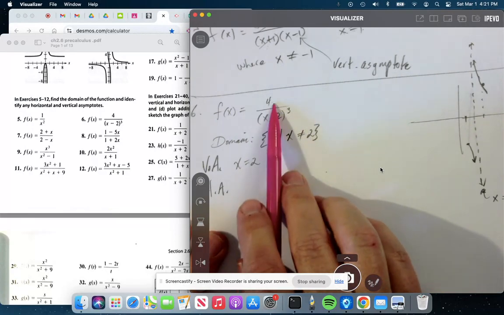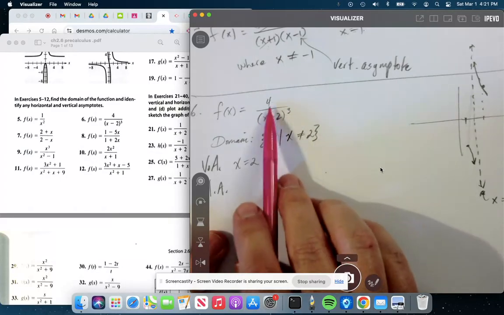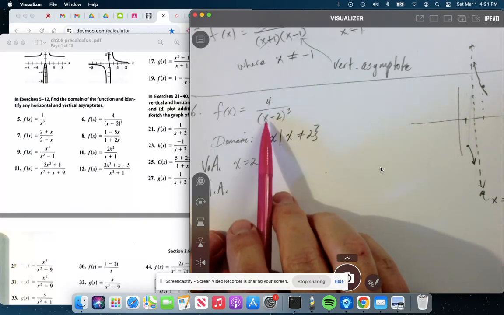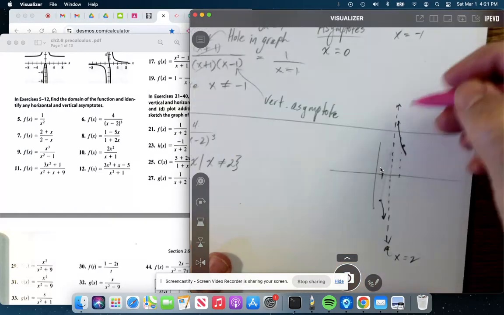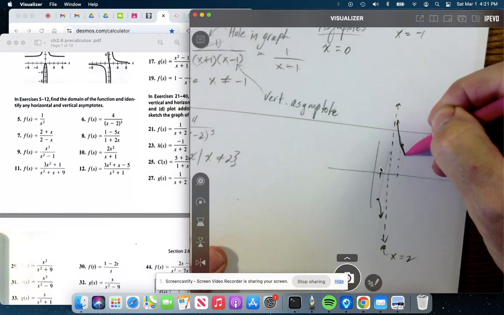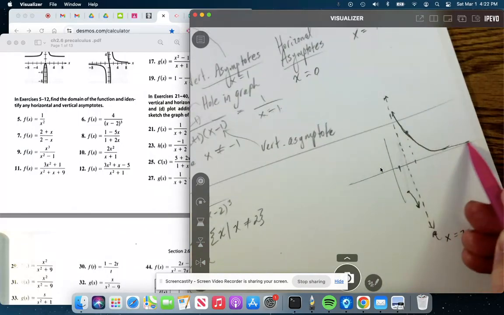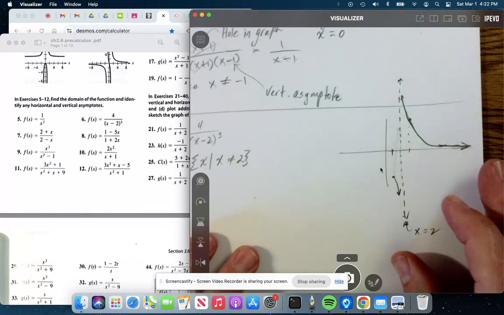But the top's just going to stay 4. So you could be up at 1,000,000 on the bottom and the top's not going to change. So this is going to rapidly approach 0 as x gets big in a positive direction, past 2, I mean. So I'm pretty sure it's going to do something like this, like that. Now it's not going to ever touch 0, but it's going to get there pretty quickly. It's going to be close.